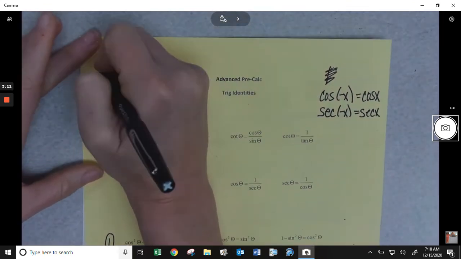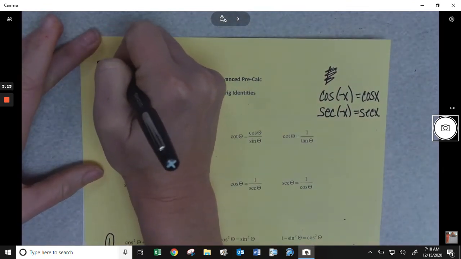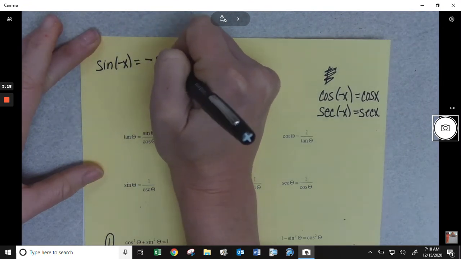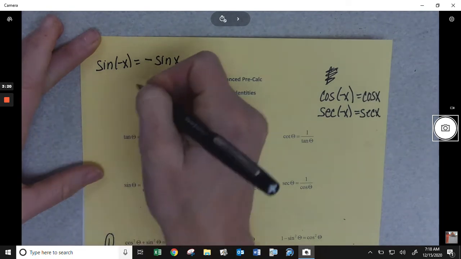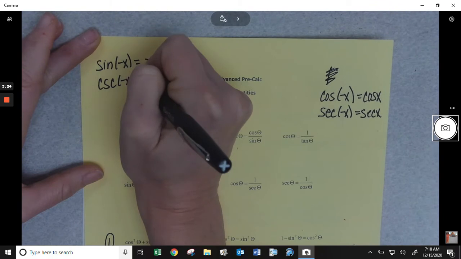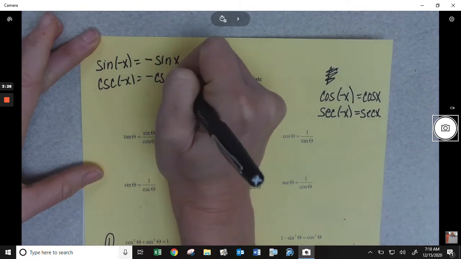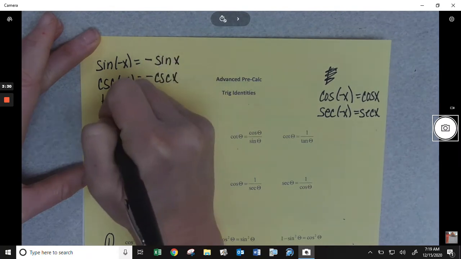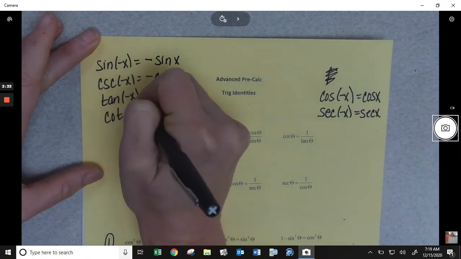So for example, if you have sine of a negative argument, we write it as the opposite of sine of the positive argument. We just pull it out in front. Same thing if it was cosecant or tangent or cotangent.